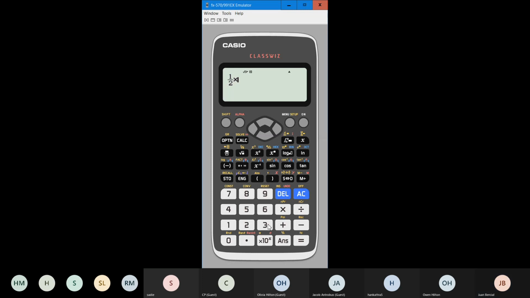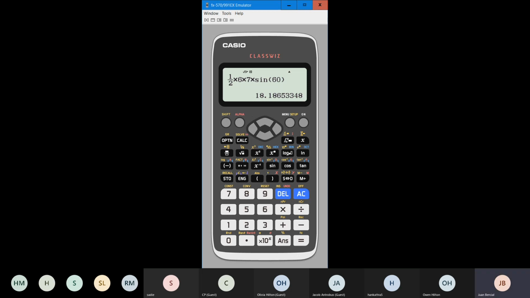Natural display: a half times 6 times 7 times the sine of 60. Now that will give us an exact number, 21√3/2. And then you press the S to put it as a decimal. And it's 18.19.